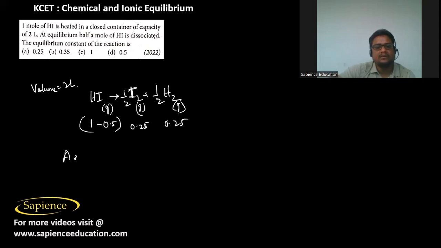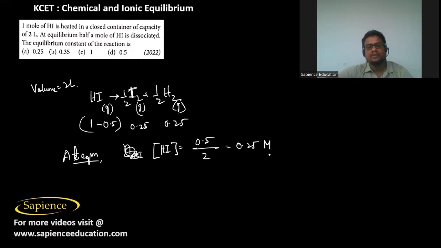So at equilibrium, the concentration of HI will be equal to the number of moles of HI, that is 0.5, divided by the volume, which is 2. So that is 0.25 molar, or mole per liter.